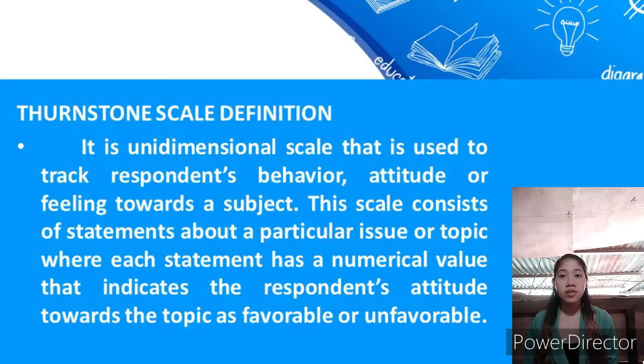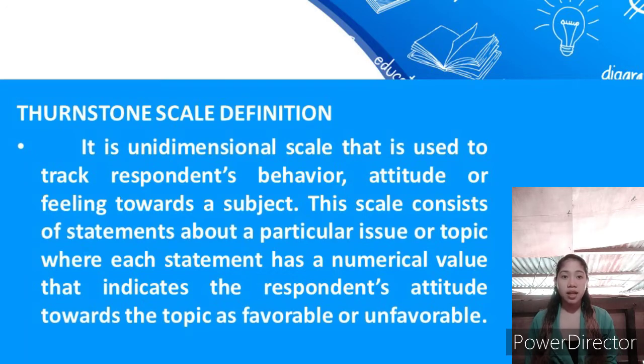So when we say Thurstone scale, it is defined as a unidimensional scale that is used to track respondents' behavior, attitude, or feeling towards a subject. This scale consists of statements about a particular issue or topic, wherein each statement has a numerical value that indicates the respondent's attitude towards the topic as favorable or unfavorable, agreed or disagreed.